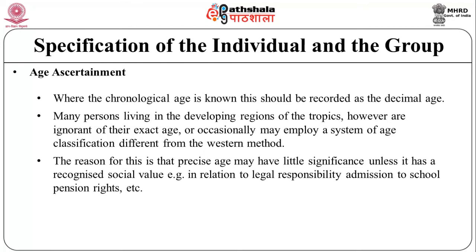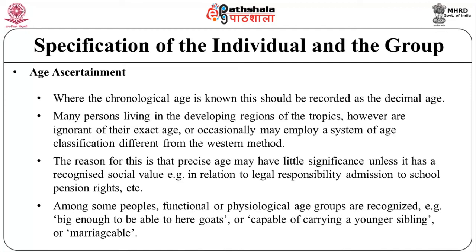The reason for this is that the precise age may have little significance unless it has a recognized social value, for example, in relation to legal responsibility, admission to school, permanent rights, etc. Among some people, functional or physiological age groups are recognized, for example, big enough to be able to hear ghosts, or capable of carrying a younger sibling, or marriageable.